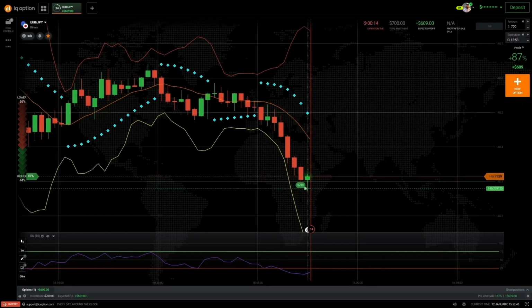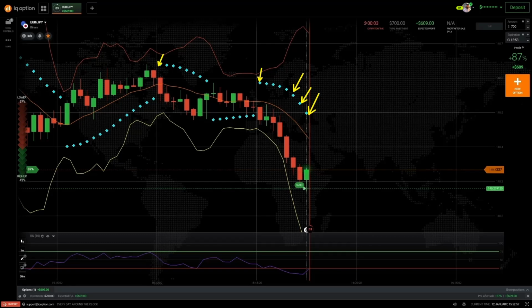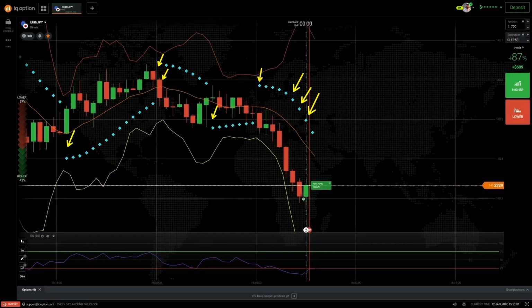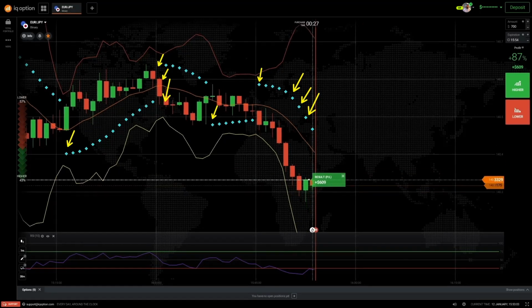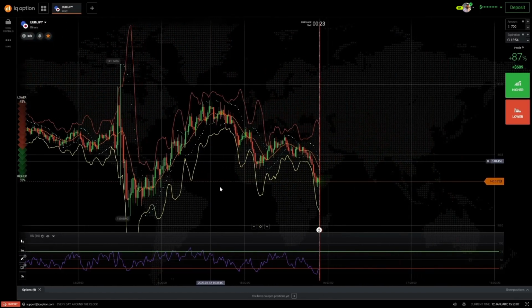I like to stick to my strategy. Look here, look what happened. This point, this point, this point, and this point, we have these candles. All right, $609, another. So I guess this one is the last one.